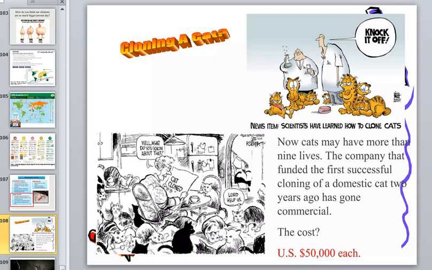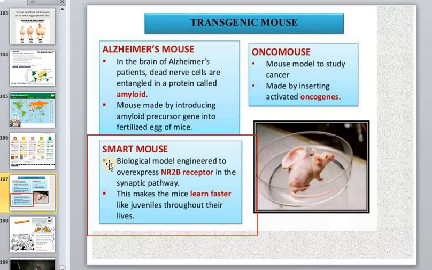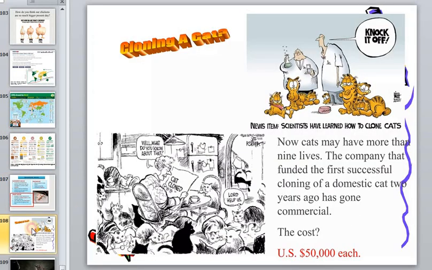But how about the smart mouse? Here we see the smart mouse, a biological model engineered to overexpress a receptor in the synaptic pathways, and this makes the mouse learn faster throughout its life. It's the future of our behavior studies.